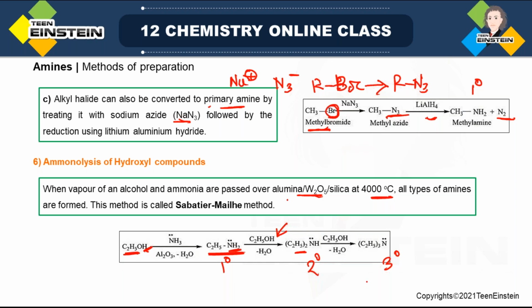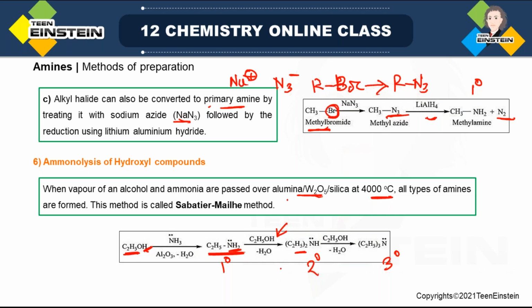Then you are getting finally 3 degree. So it depends on our purpose, whether we want to make 1 degree, 2 degree or 3 degree. Depending on that, we have to take accordingly the mole ratio of ammonia and C2H5OH. If you want to stop the reaction at this position, then C2H5OH should not be taken in excess. It should be 1:1.